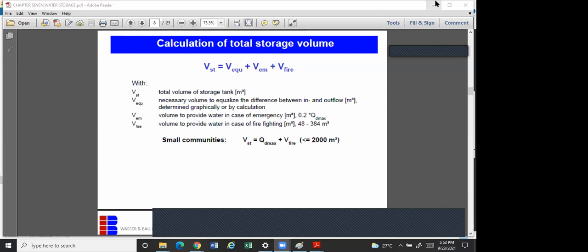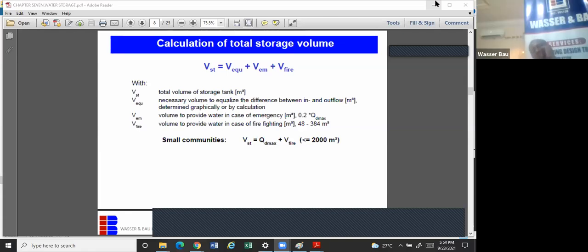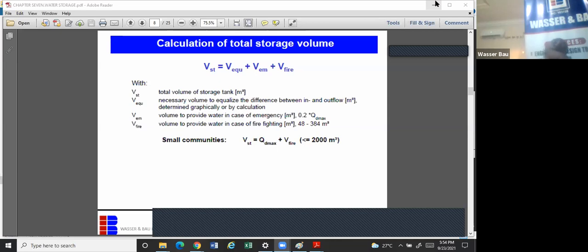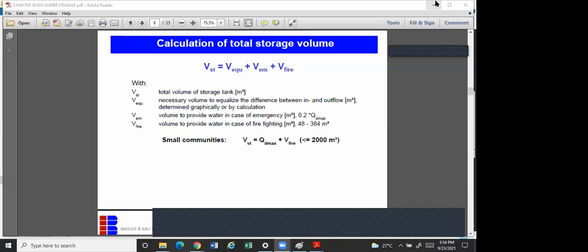So they are recommended by standard that this is the minimum amount of time that your system has to work, and we have to multiply that with the flow. Also for the hydrant, they have recommended hours of storage. If you're using hydrant system, you have to have a minimum storage of 1 hour to fight the fire. So it depends on the code you are adopting for your design.